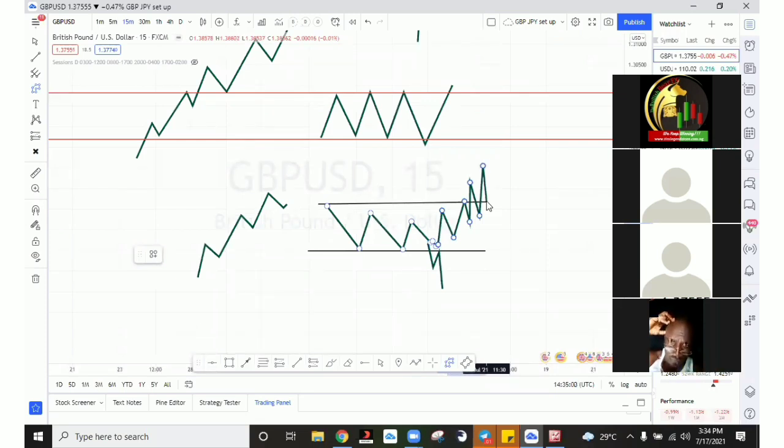You only want to look for the opportunity where price breaks out to the upside. So unless your bias from the higher time frame is bearish, then you can look for your opportunities to sell when you see a selling breakout.